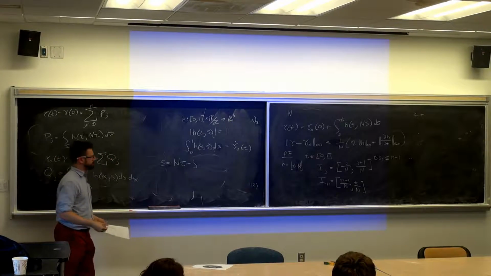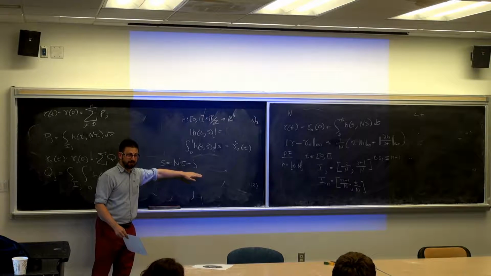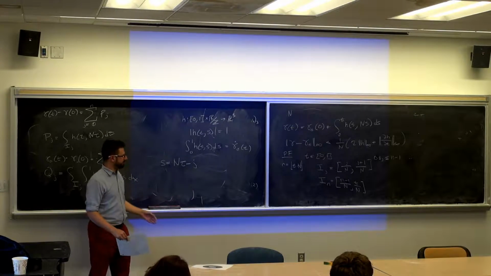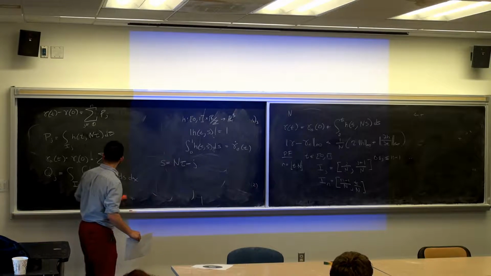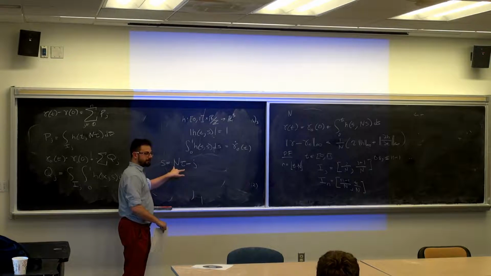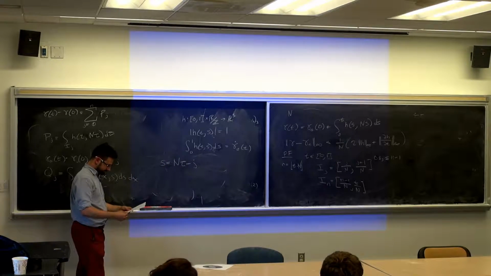So by periodicity, we can write s equals n tau minus j, identifying things in each of the ij's. We can write s and tau like this.